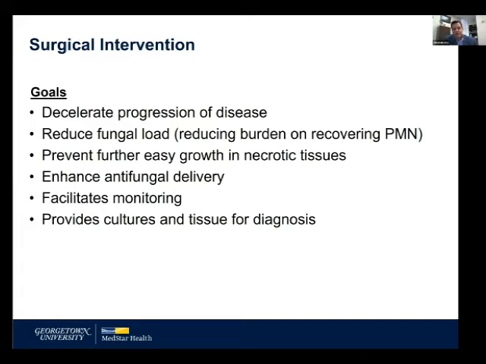Enhance potential antifungal therapy via antifungal irrigation. There's not a lot of hard data that it does anything, but we typically do it anyway, so it doesn't hurt them. It facilitates monitoring from an endoscopic standpoint: we can look at whether there are increasing areas of necrosis just at the bedside with a bedside scope. And finally, probably most important, providing culture and tissue for diagnosis.